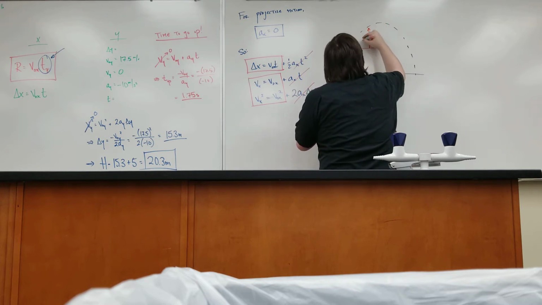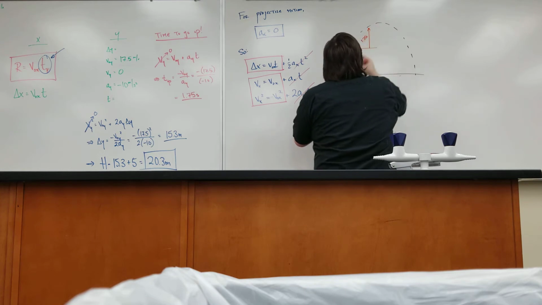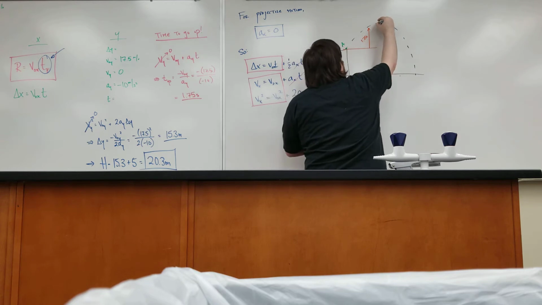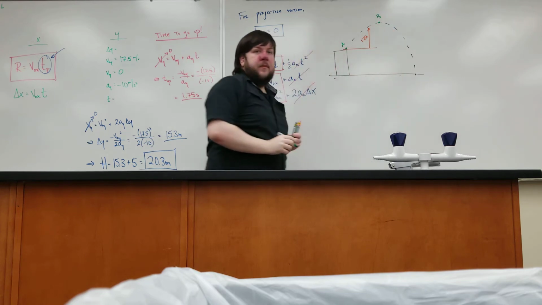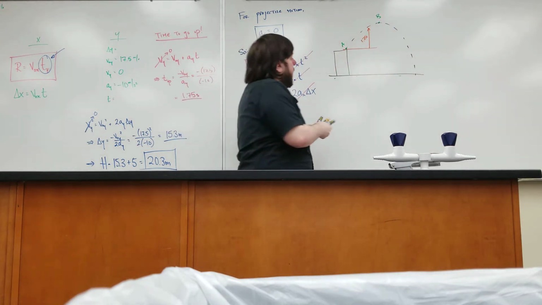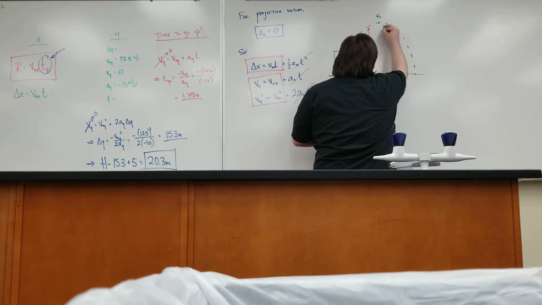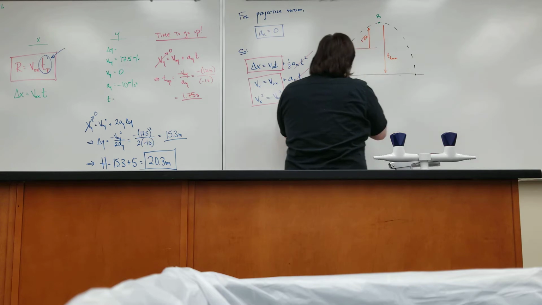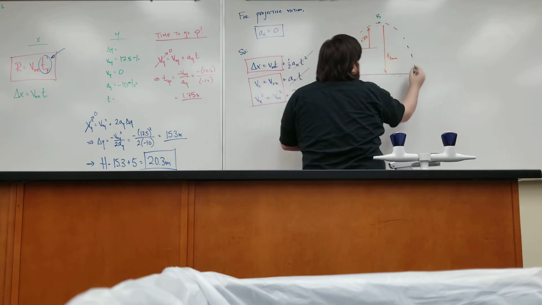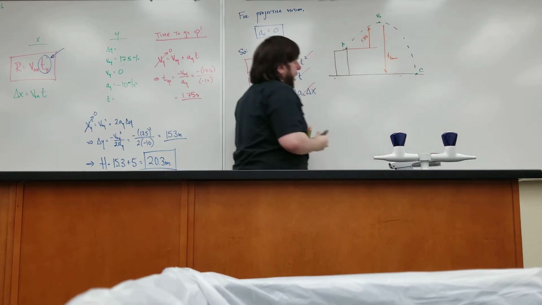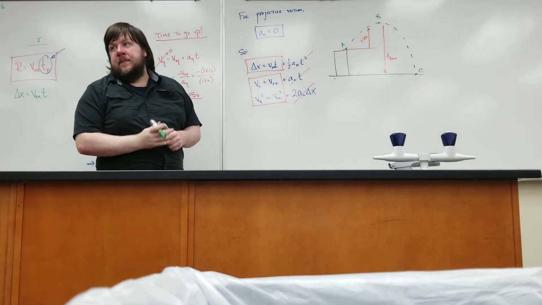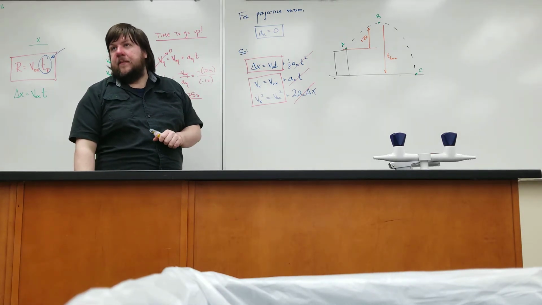This is 1.75 seconds, the time it takes to go up from point A to point B. Then solve straight for how long it takes to go down, which is to get from point B to this point C. And then add those two numbers together. That's a simpler way to do it.